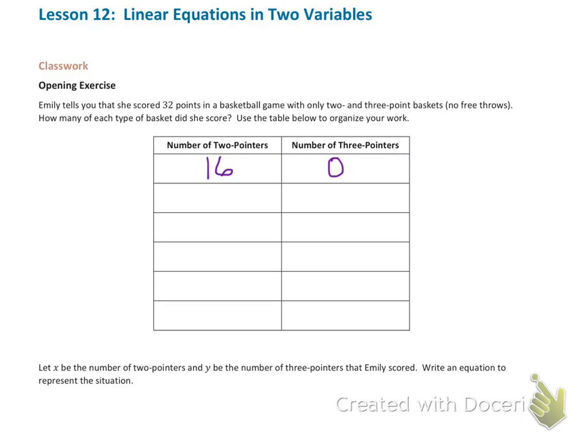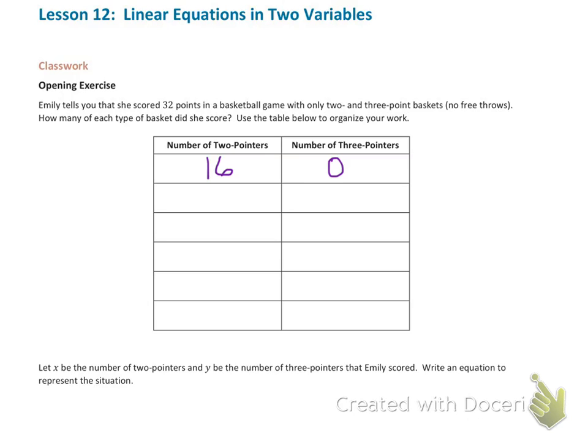Okay, so maybe you discovered that she would have to do an even number of 3-pointers. She couldn't do one 3-pointer because that would be an odd number, and the 2-pointers are always going to be even, so she'd never get the 32 points. So we won't do that.